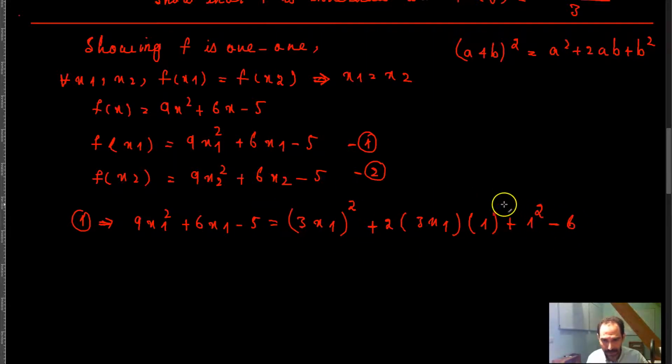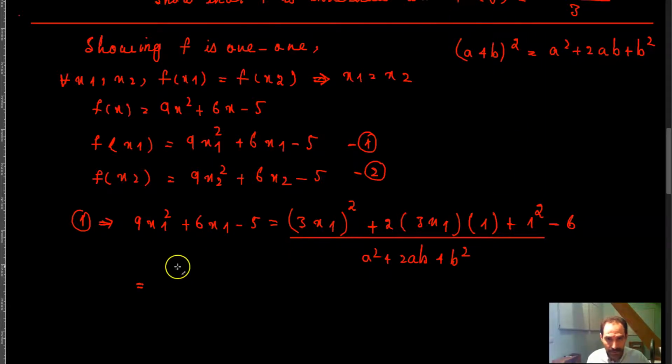Now everything is okay, and a squared plus 2ab plus b squared I can write as a plus b whole squared, which means this is equal to 3 times x1 plus 1 whole squared.